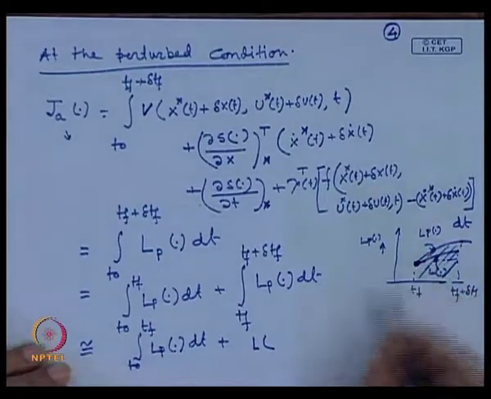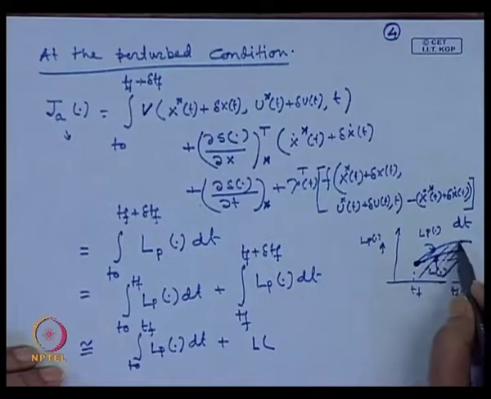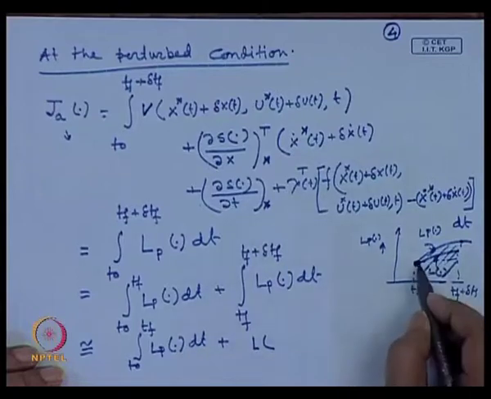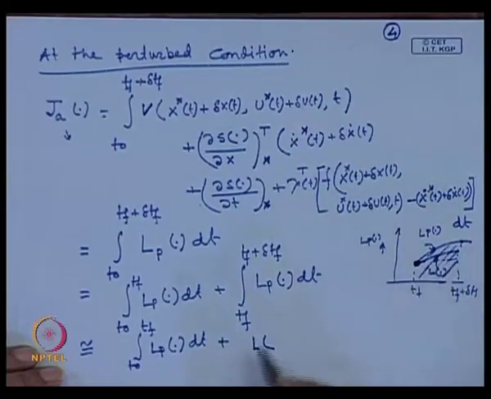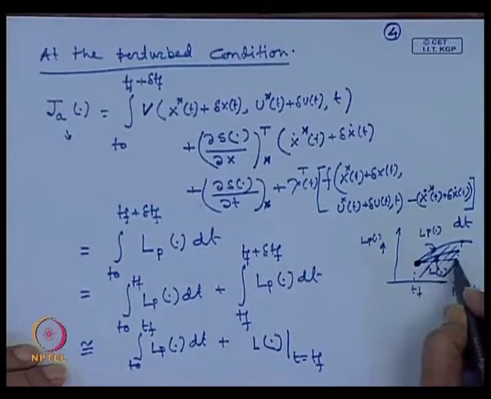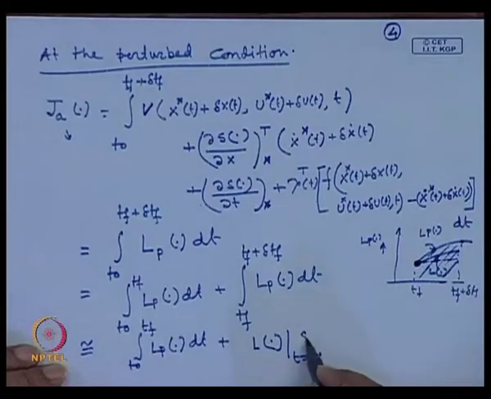So, I actually have to find the area from here to here, the extra part. That is the same as the area: find the Lagrangian function value at t equal to T f, this ordinate, multiplied by delta T f.